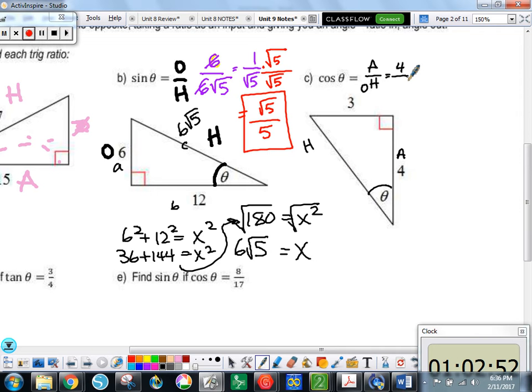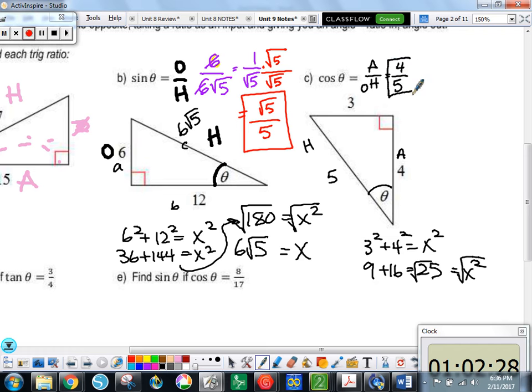So if I use the Pythagorean theorem, a squared plus b squared equals c squared: 9 plus 16 equals 25, equals x squared. Take the square root. So this length would be 5, which is nice because anytime the hypotenuse is a square root, we're going to have to rationalize the denominator. So in this case, 4 over 5 would be my ratio.